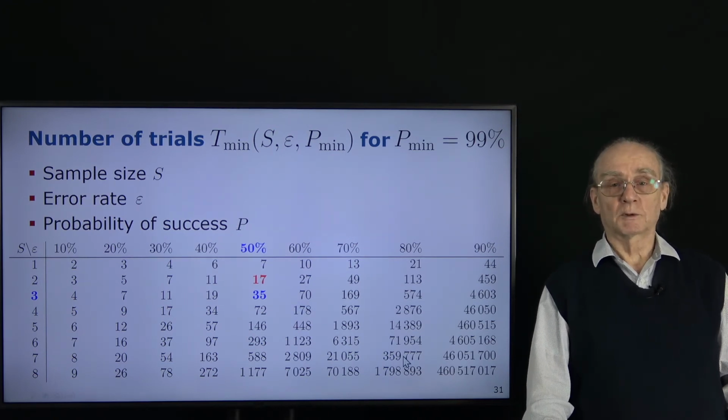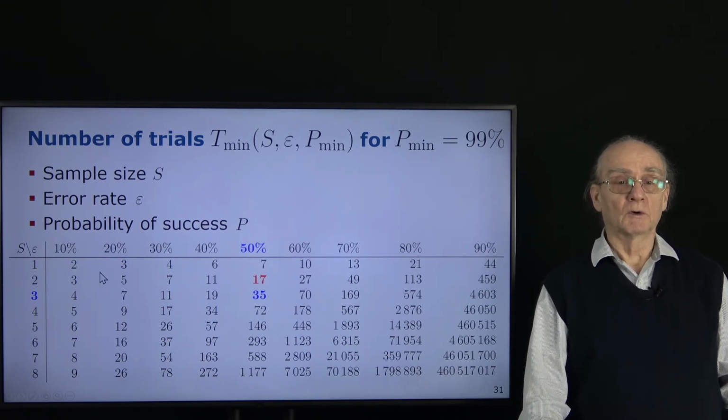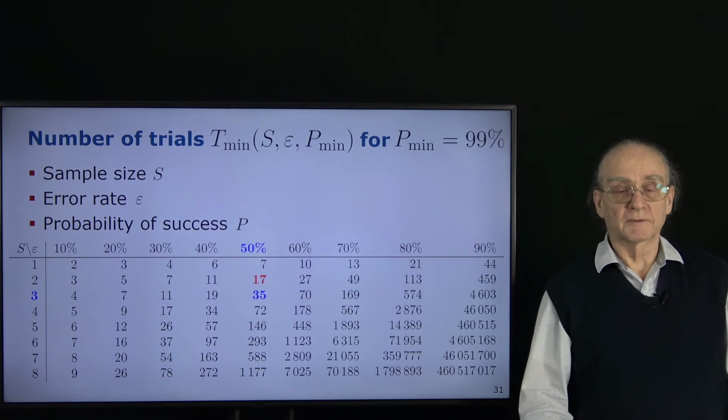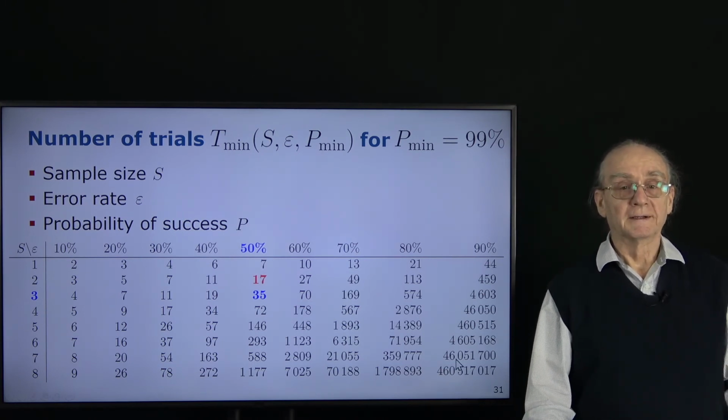We fix this probability for this table to be 99%, and we see here for sample sizes of 1 to 8, and for outlier ratios between 10 and 90% of the data, the required minimum number of trials. They are quite small on the left side and very large on the right side, so this is certainly something which we would not like to apply.